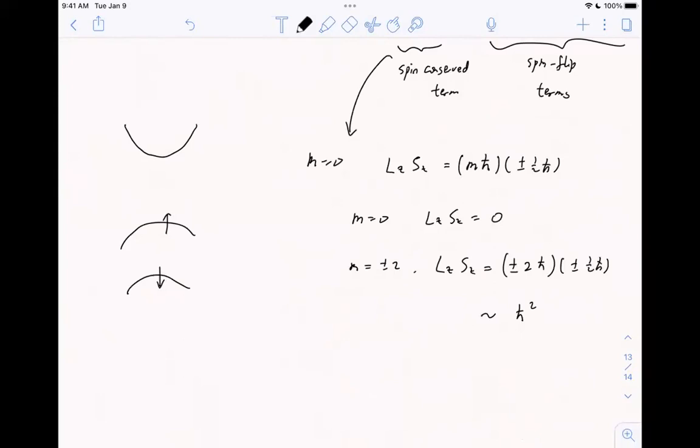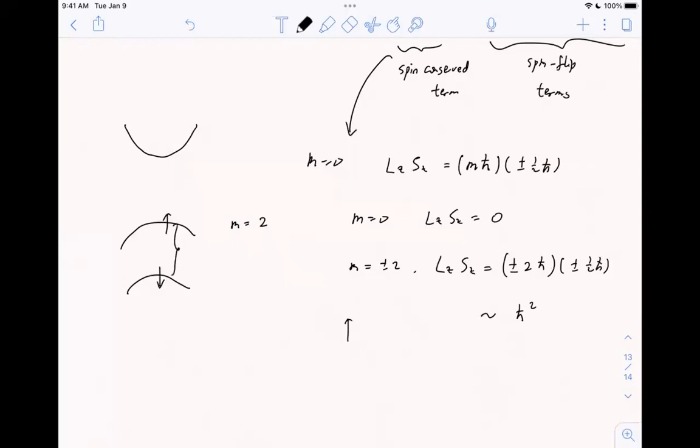So here you have two cases. For m equal to 2, you have spin up and down, and the other one will flip. Let's say m equal to 2, then it's pointing spin up, and the negative spin will give you the opposite sign. So you have a spin up and spin down.